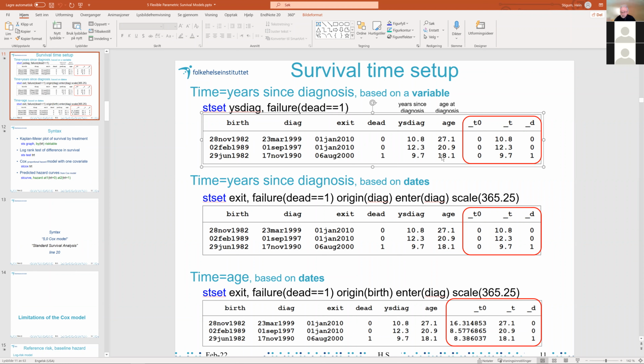I think the question from Ronnie was, again, how should we choose one variable over another? And that depends. Do you think that time since diagnosis is the most important time scale? For most cancer analyses, that would probably be true. But the alternative is to say that the age at diagnosis is very important, maybe more important, because if you get your diagnosis at a high age, that has a larger effect on your survival.